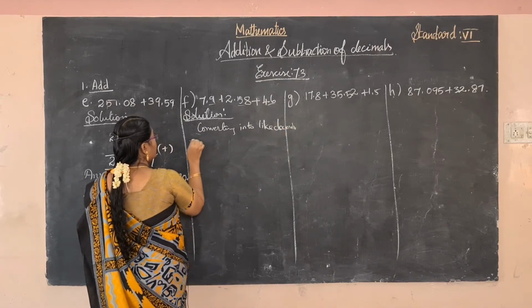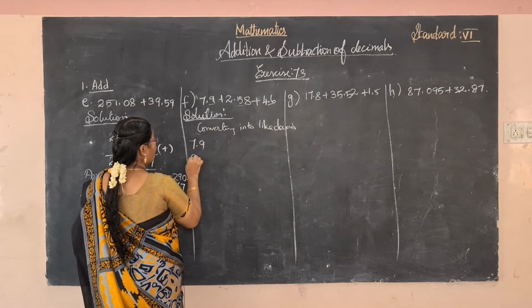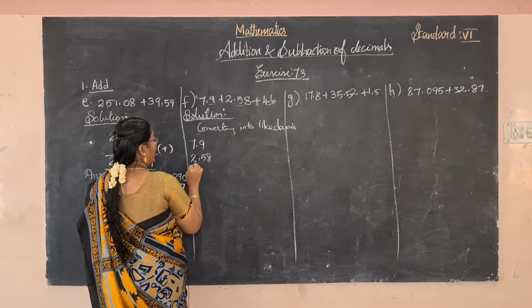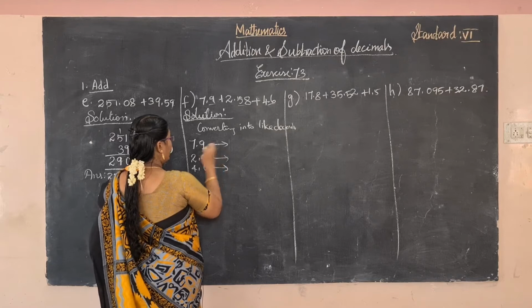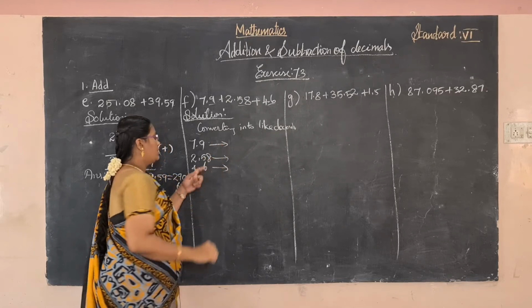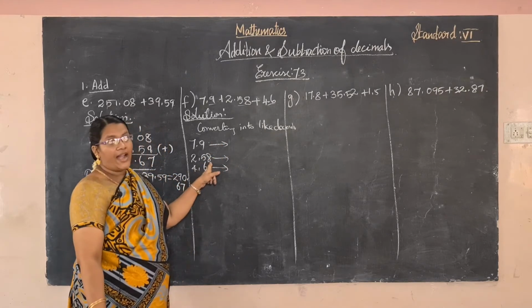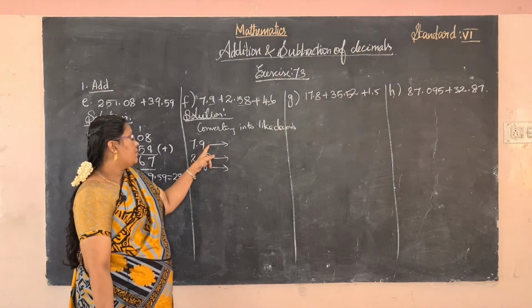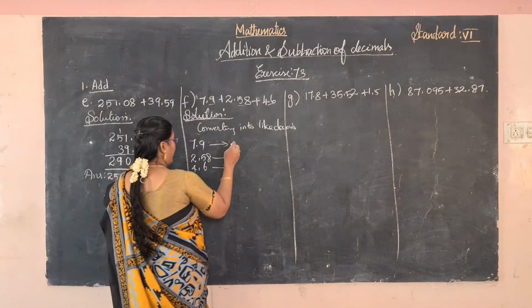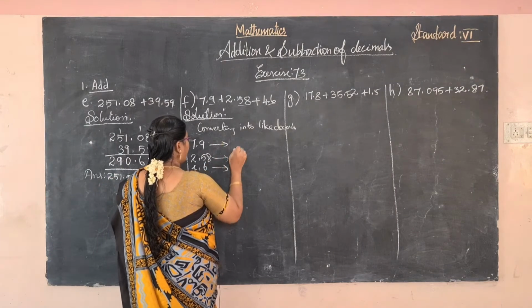So 7.9, the second one 2.58 and 4.6. Convert before calculating. The highest decimal place value is 100th, so we add a zero on the right side of the decimal.